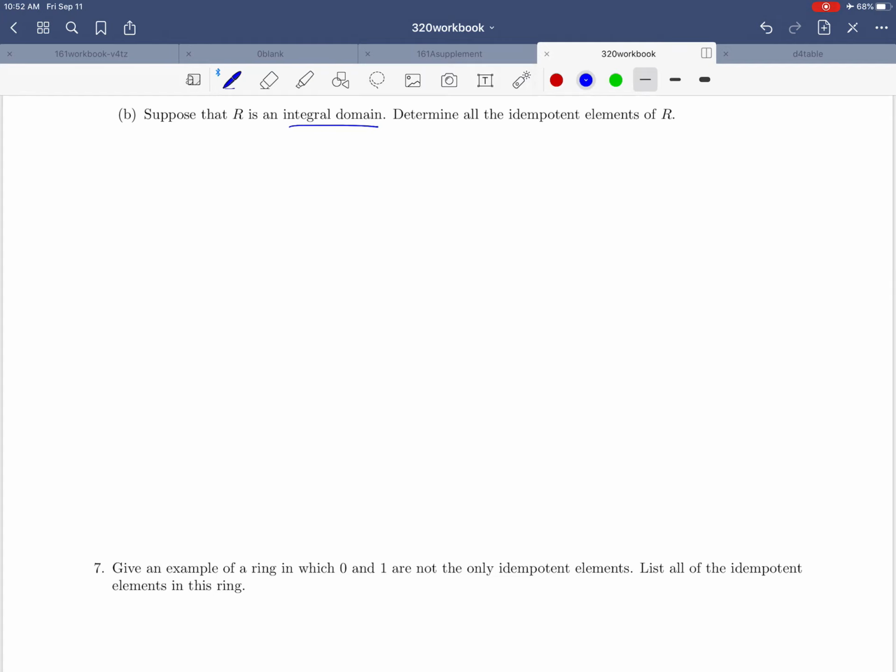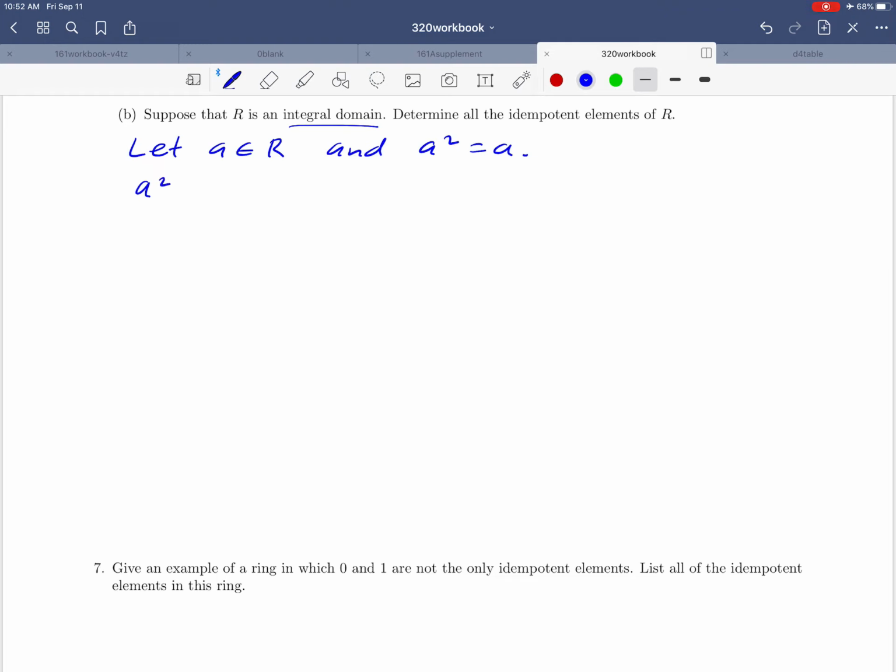It was an element where its square is equal to itself. So let's suppose that that's true, and maybe be a little bit more careful with our language here. So let A be in R and A squared equals A. We're just going to see where that assumption leads us.